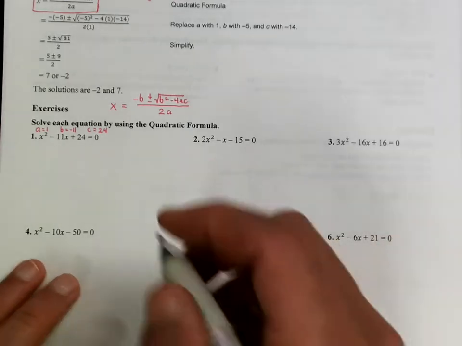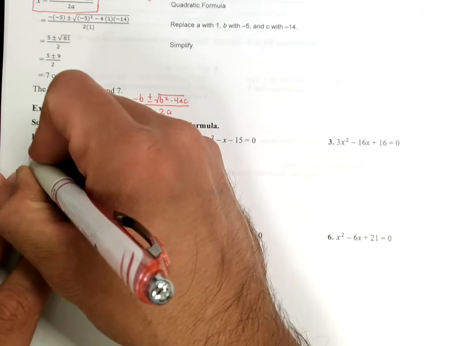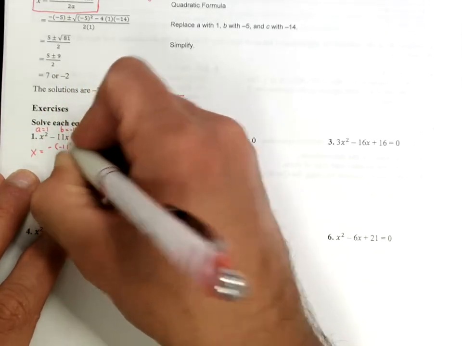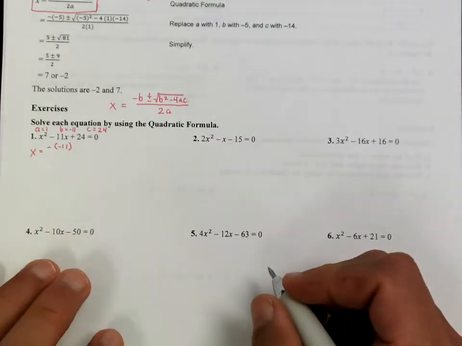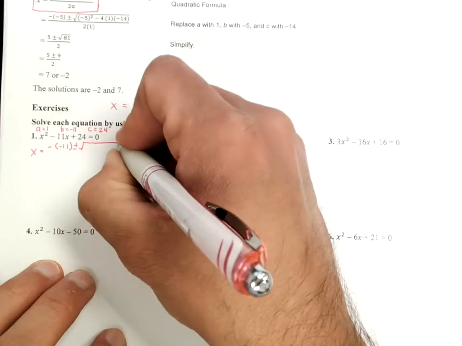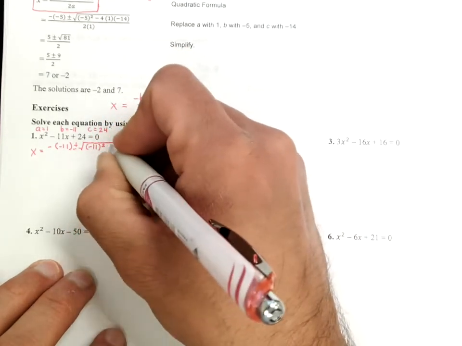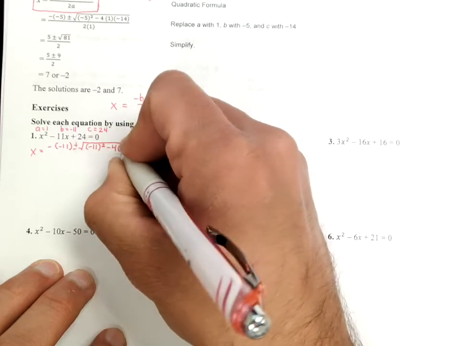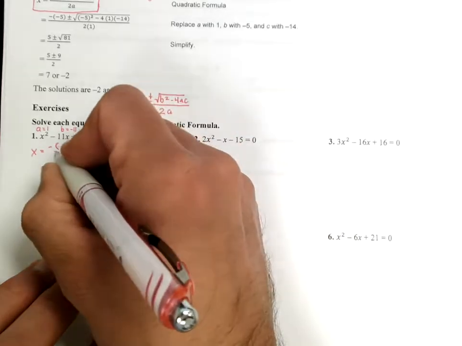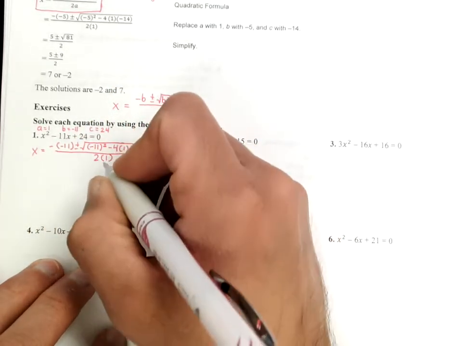So now b in this case is going to be -11, so x is equal to negative of a -11 plus or minus, and then you write all this stuff here, -11 squared minus 4 times 1 times 24 all over 2 times 1. Okay.